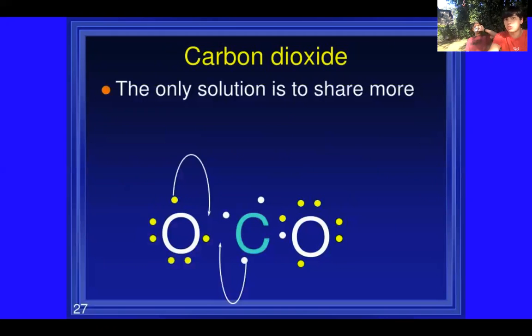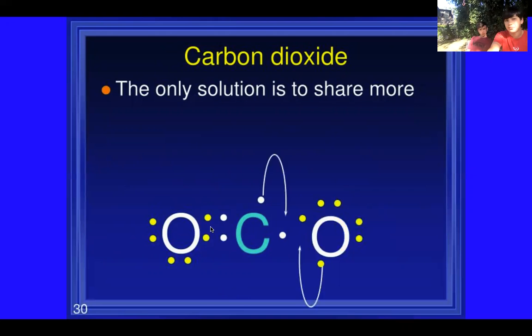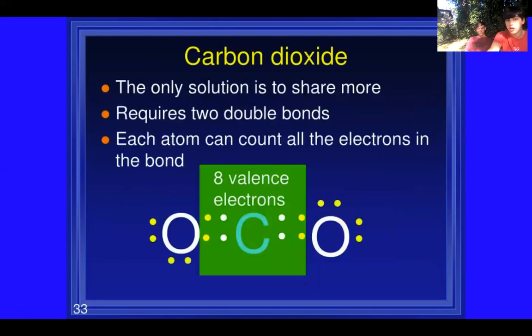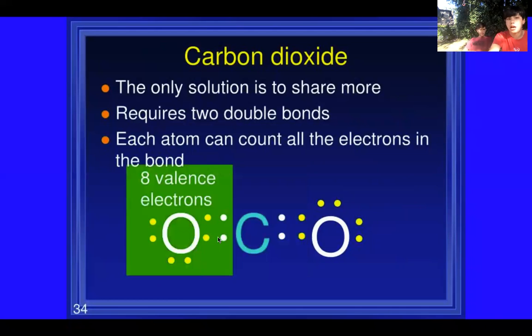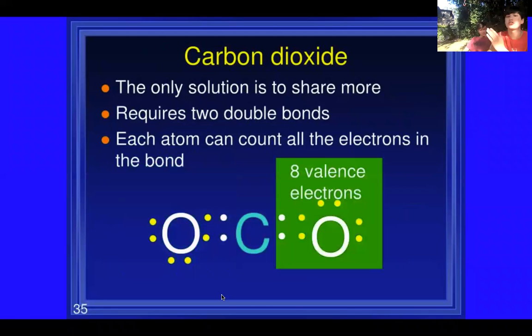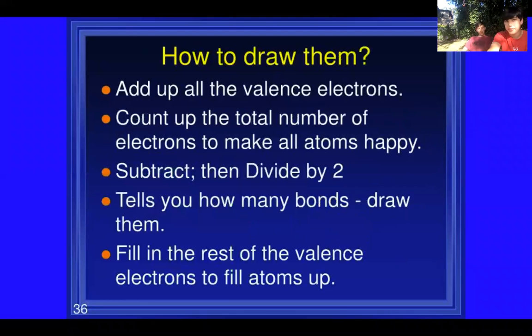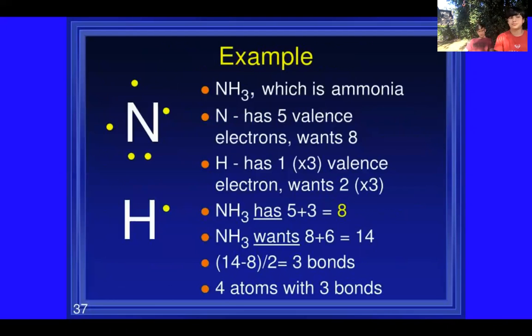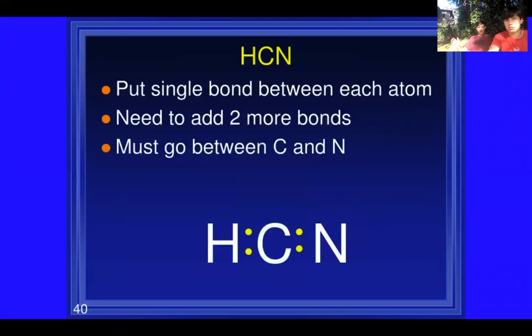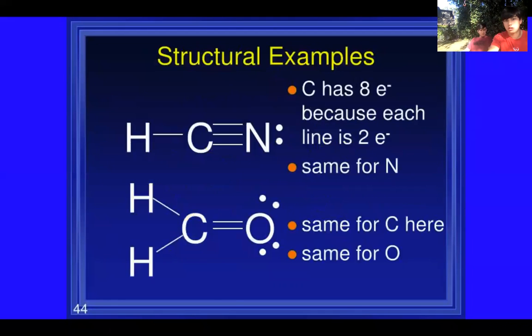The only solution is to share. So now carbon has all 8, and also this oxygen has all 8, and this oxygen has all 8. It's like a little Venn diagram. So how to draw them? Well, we showed how to draw those. Here's another example. You can run through those problems if you want.